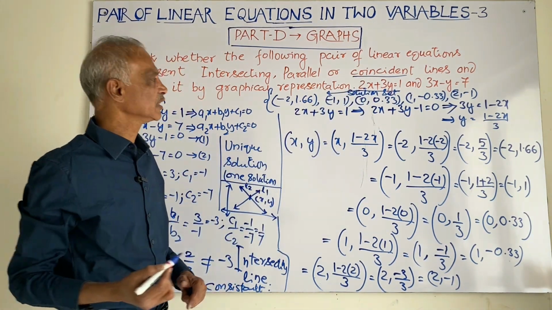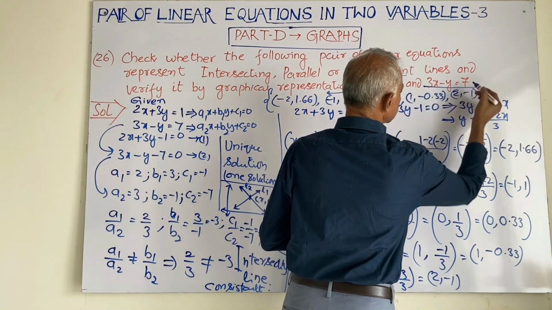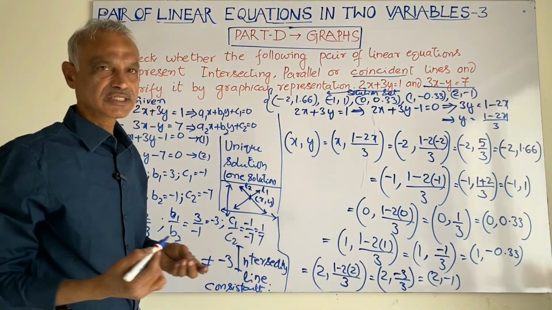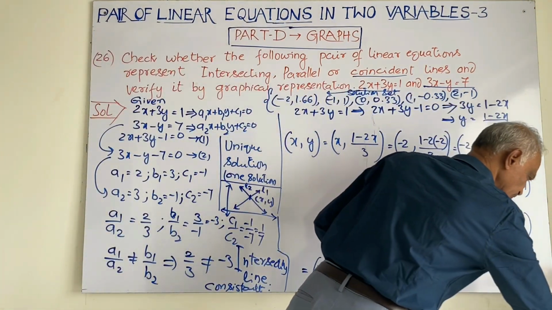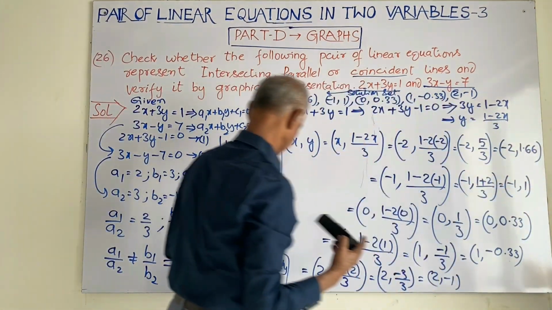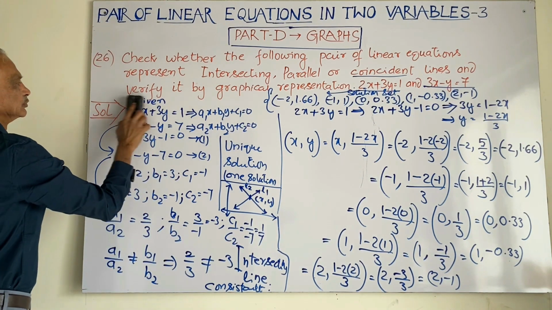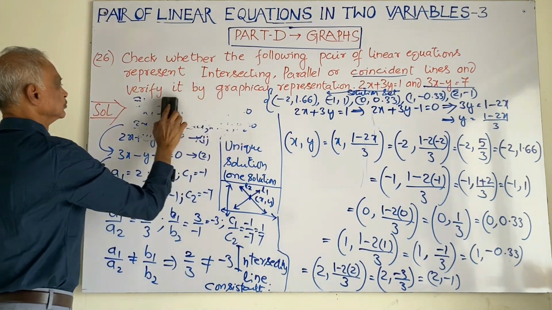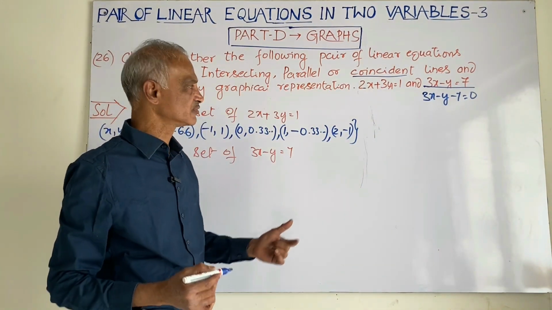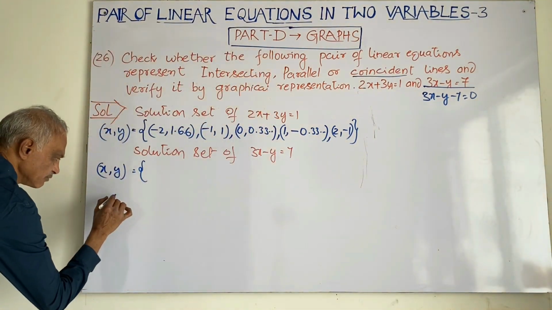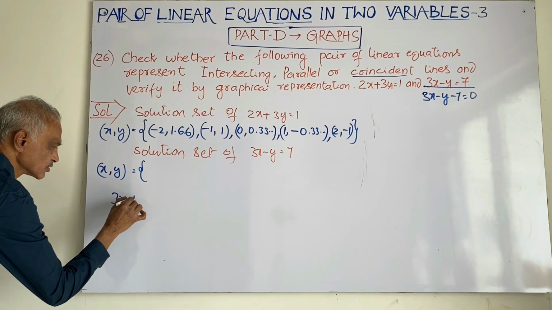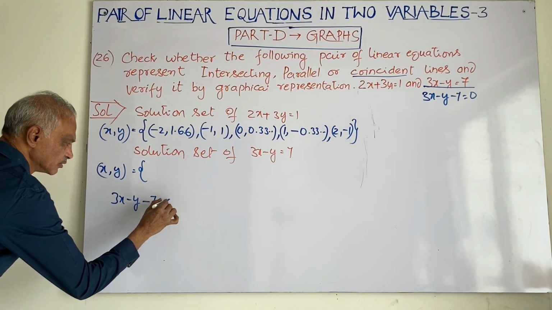Now we will prepare the solution set for 3x minus y is equal to 7. We will prepare ordered pairs for 3x minus y minus 7 is equal to 0.